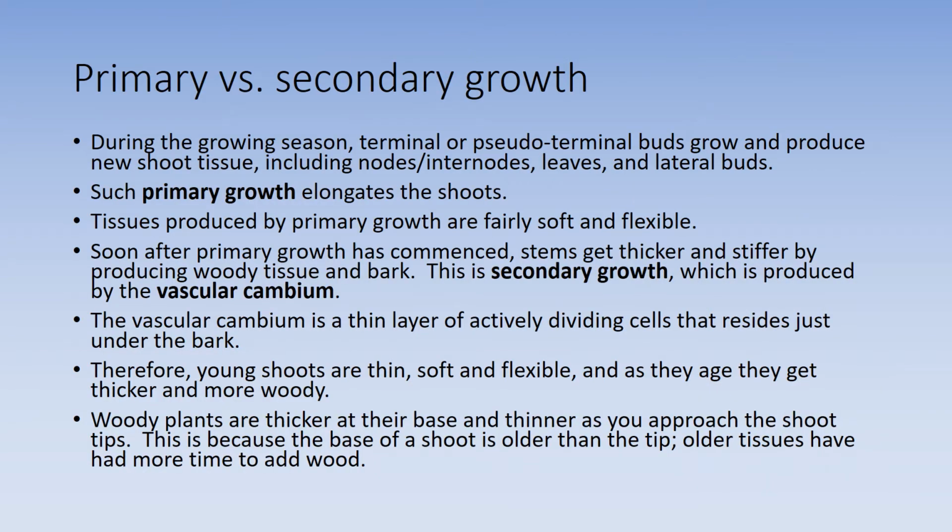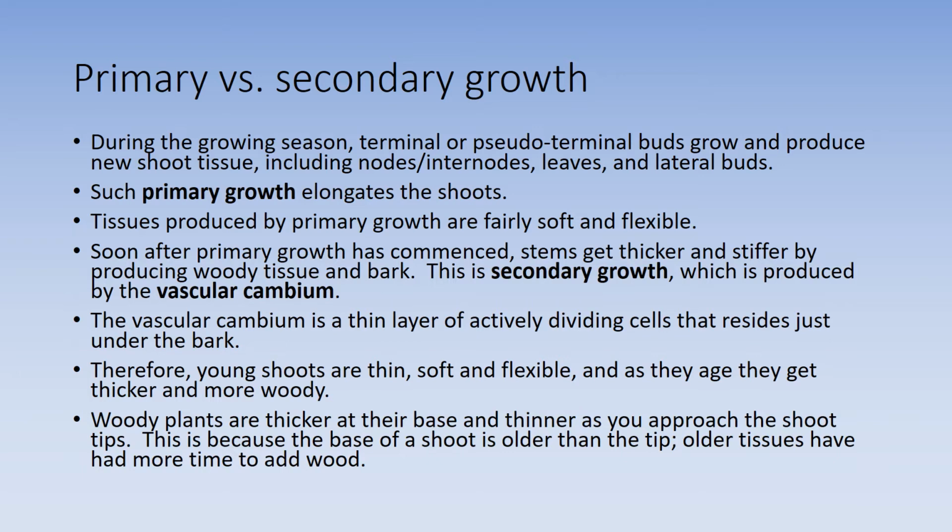Primary versus secondary growth. During the growing season, terminal or pseudo-terminal buds grow and produce new shoot tissue, including nodes and internodes, leaves, and lateral buds. Such primary growth elongates the shoots. Tissues produced by primary growth are fairly soft and flexible.